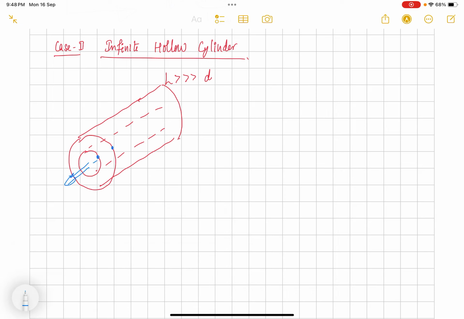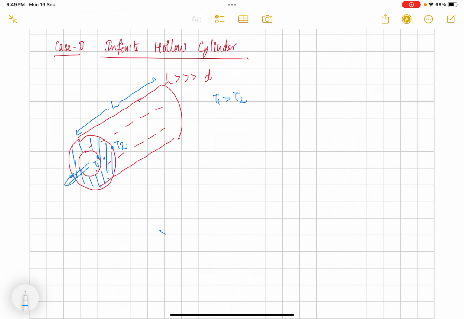Because of that hot fluid, let's say T1 is more than T2, some temperature drop is there inside the solid material of this hollow cylinder. We have to find the temperature distribution in this region.